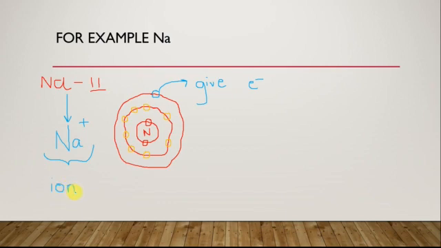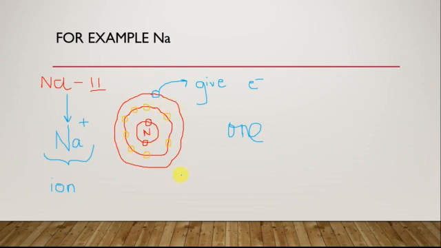So students, as sodium gives 1 electron to complete the octet, the valency of sodium is 1. Why 1? Because it is giving 1 electron to complete the octet.